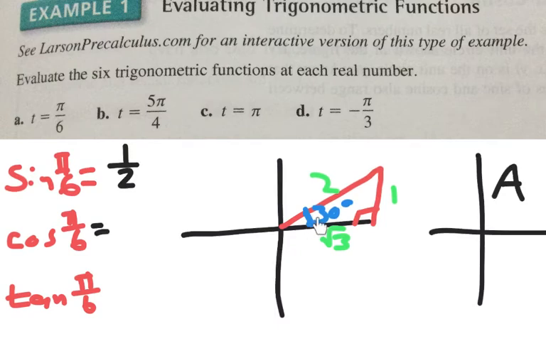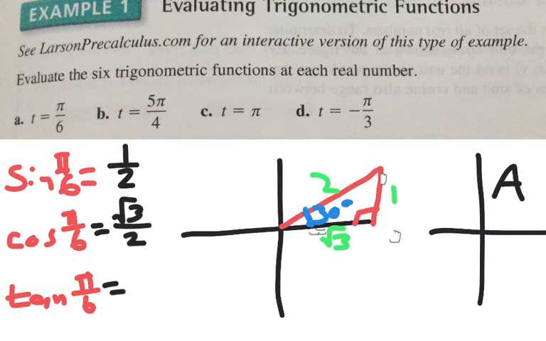So from that same angle, cosine is the adjacent, radical 3, over the hypotenuse, 2. So cosine of pi over 6 would be radical 3 over 2. And positive, because I'm in the first quadrant.